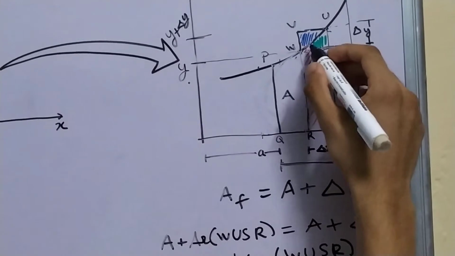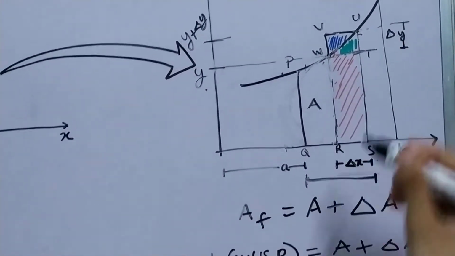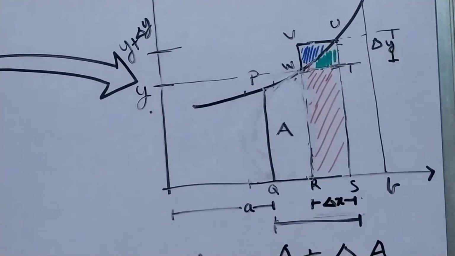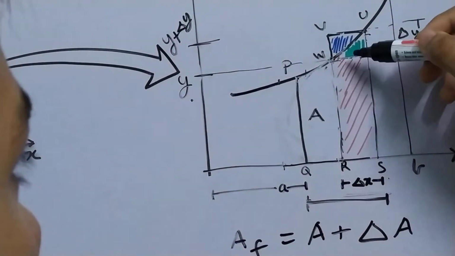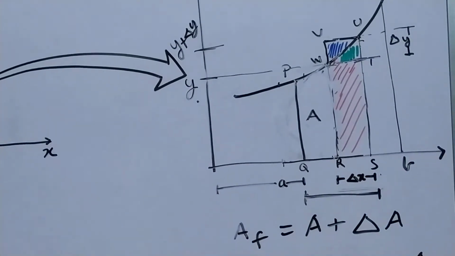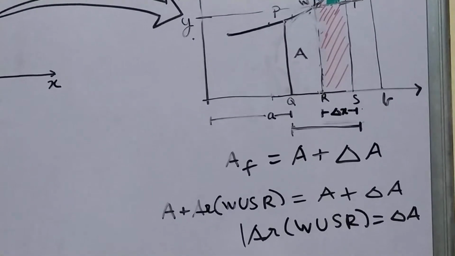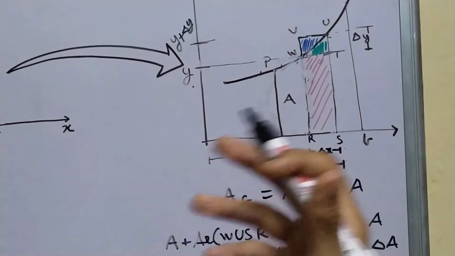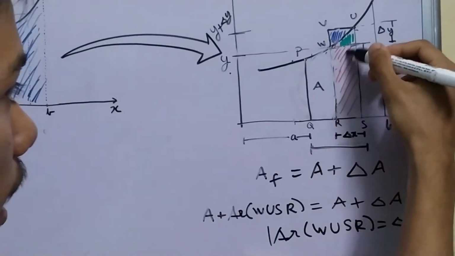What I mean is, this red area is obviously smaller than this red plus green area, which itself is smaller than your red plus green plus blue area. So let me write this down in a much more mathematical format. What is your red area?